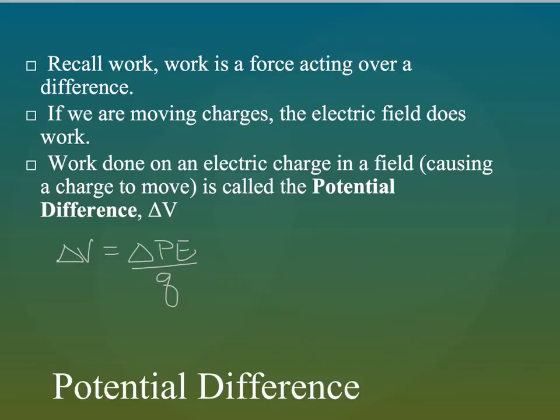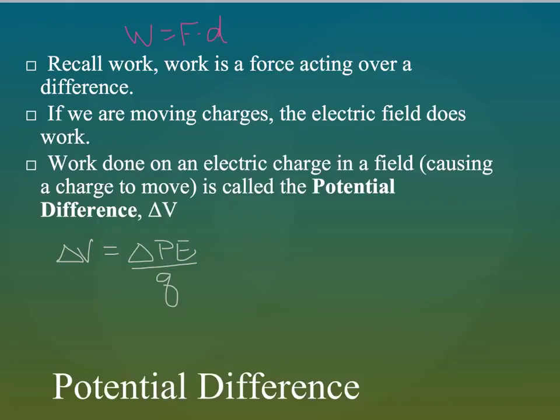The next step is to take this one step further. If you remember, work is a force acting over a distance. We had work equals force times distance. So if we're moving charges around, the electric field is actually doing work, because it's pulling the charge closer or pushing it away. Work done on an electric charge in a field, causing a charge to move, is called the potential difference.